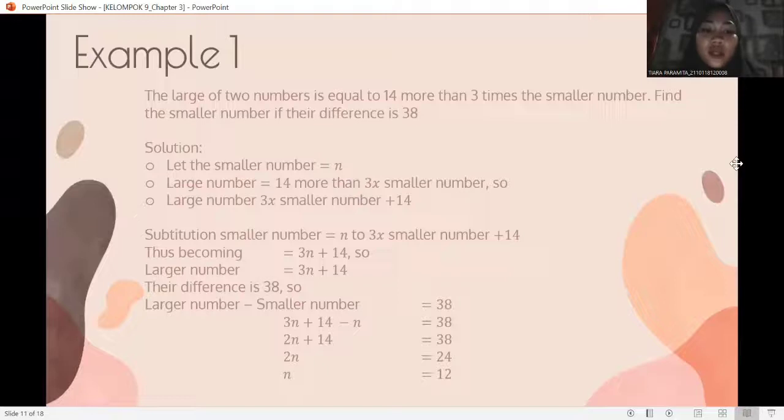Their difference is 38, so larger number minus smaller number equals 38. The larger number is 3n plus 14, the smaller number is n. So we have 3n plus 14 minus n equals 38.